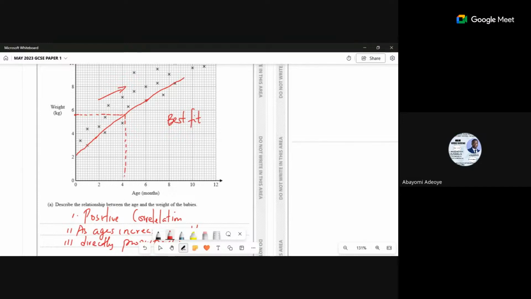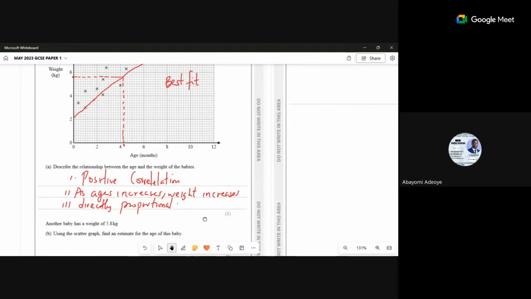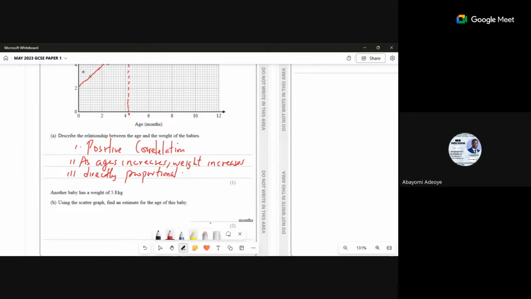So what's the value at this point? 4.2. No, 4.1. 4.1 or 4.2. So that means the age is 4.2 months.